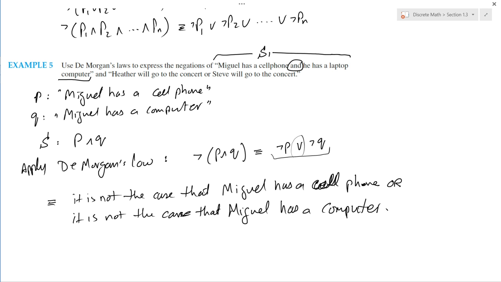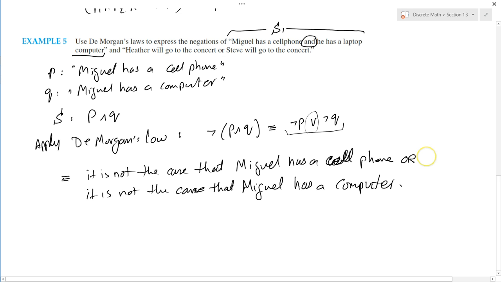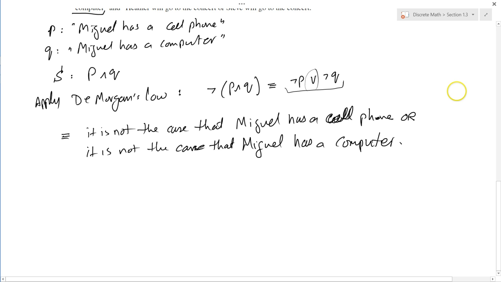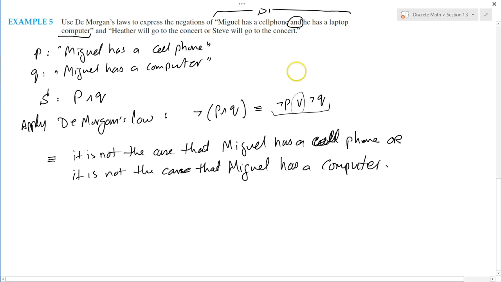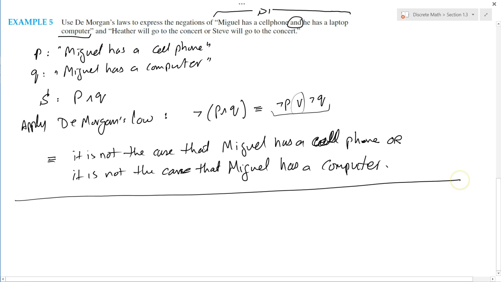Now we can do the same thing with the second statement, and the second statement here is saying, let me bring it into the screen. The second statement says Heather will go to the concert, or Steve will go to the concert. So let me just put a line over here and identify a variable called R, and R would be Heather will go to the concert.